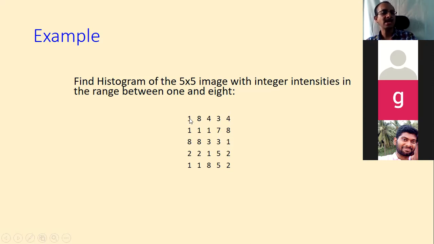How many gray levels are there in this patch? 8, right? For each of the gray levels, please give me the count of the number of pixels, and then the normalized count as well. If you are able to do it quickly, it will be very good.